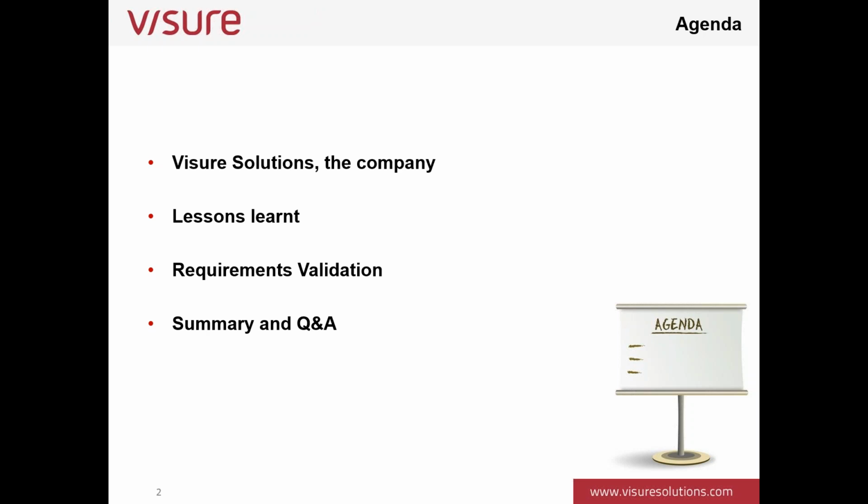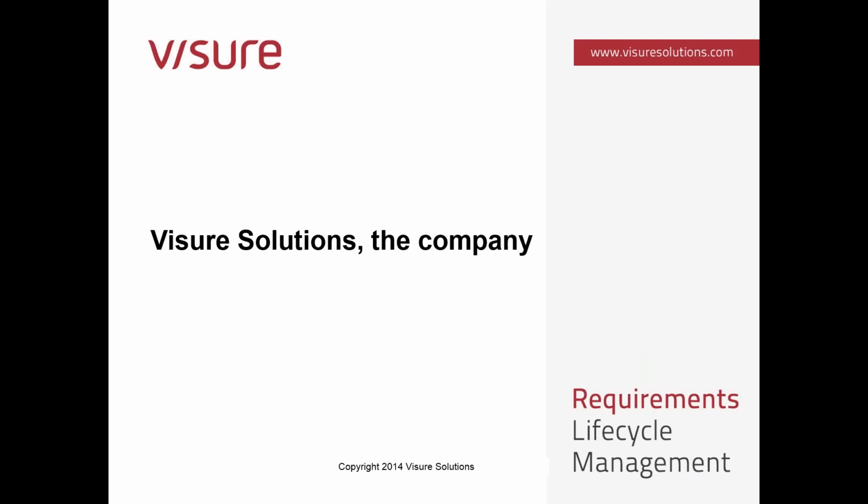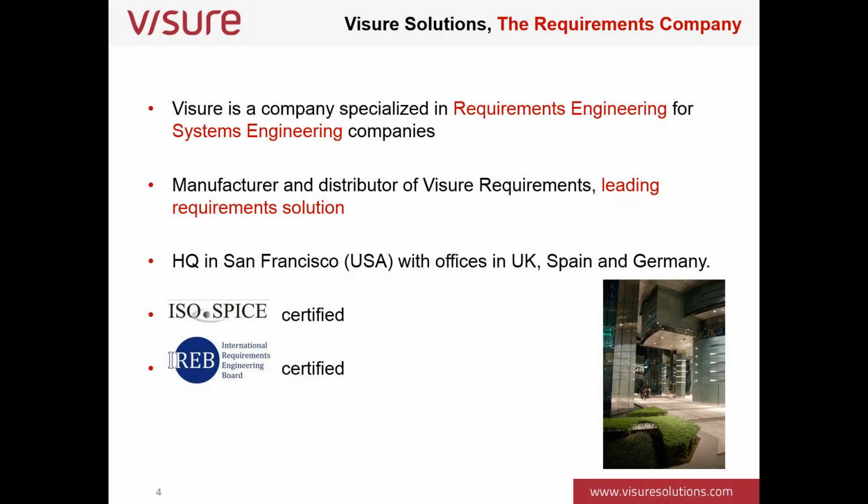So we are ready for starting, and let's jump to the first thing in the agenda, which is introducing a bit about our company, the requirements company Visual Solution. Visual Solution is a company specialized in requirements engineering for both system engineering and software engineering companies.